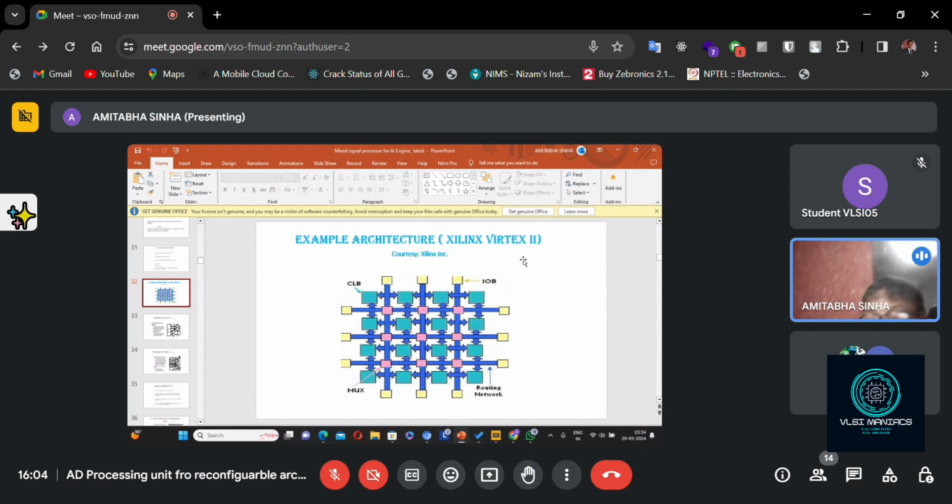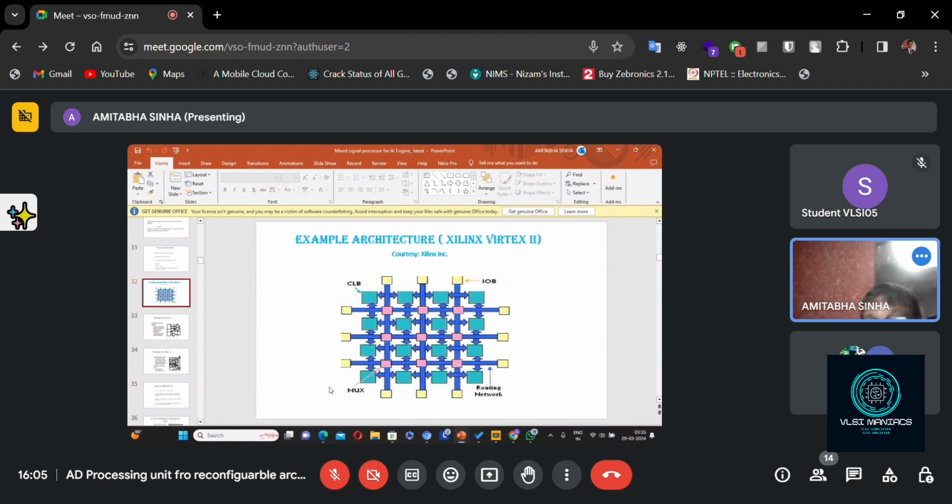If a particular vendor offers some features, especially for a consumer product, then definitely you have to provide that. Otherwise, it won't be sold in the market. From that point of view, these programmable devices are very important, and that is the reason FPGAs are very important, because they are reconfigurable devices.